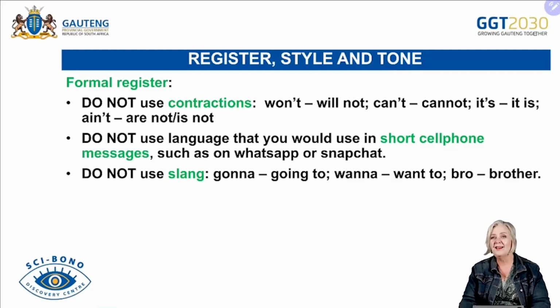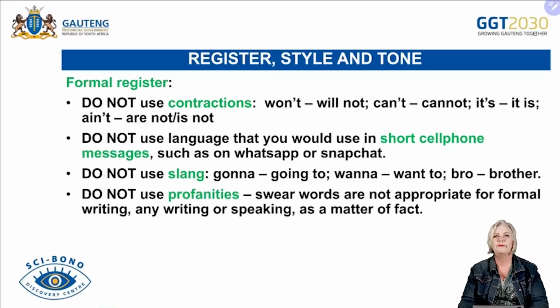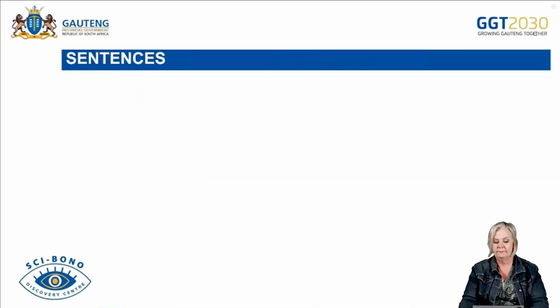Gonna, wanna, bro, that you would talk to your friends with, and you'd use that kind of language. Even when we write, we need to make sure that our register stays formal. Do not use profanities. Now, profanity is a big word for swear words, words that are not appropriate in formal writing, or in any kind of writing or speaking for that matter.